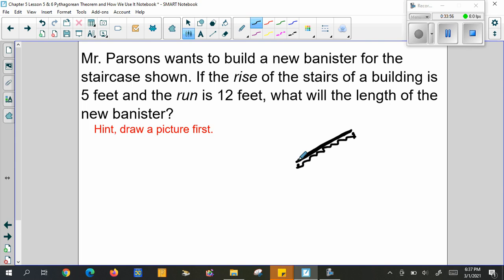It says if the rise of the stairs, meaning the vertical distance, the rise is 5 feet and the run is 12 feet, what will the length of the new banister be? So if the rise and the run represent the legs, I have a right triangle. It means that the banister is our hypotenuse, c.